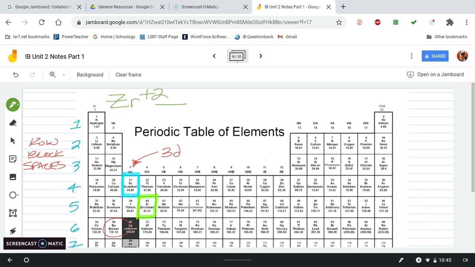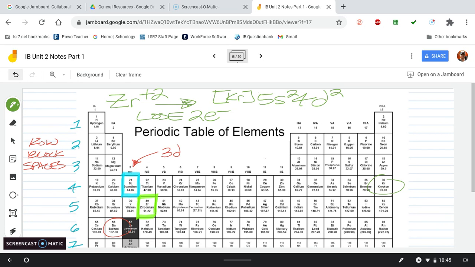So it also is going to lose 2 electrons. So where the heck do they come from? Okay, well, here's the deal. This is zirconium. It's going to be krypton, and then it's going to be 5s2, and then it's going to be 4d2. Okay, but we have to go back to our original rule.